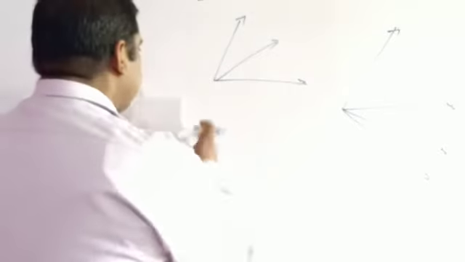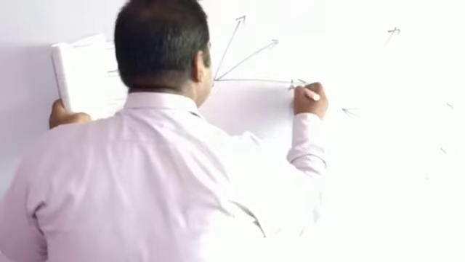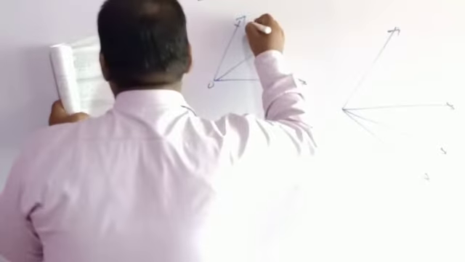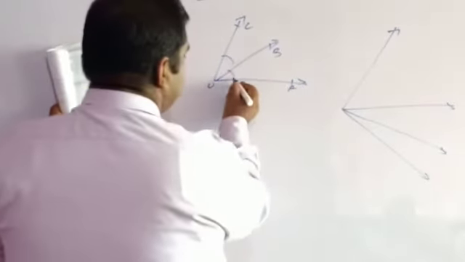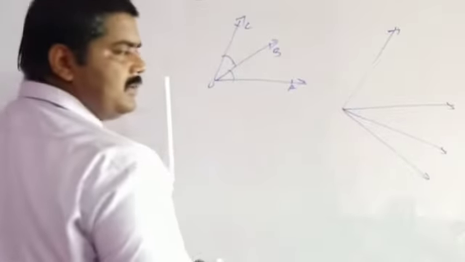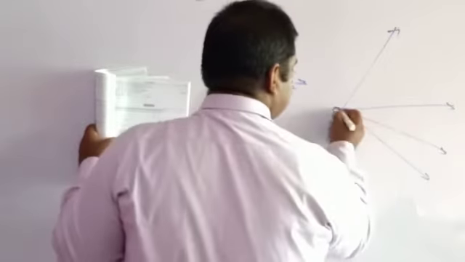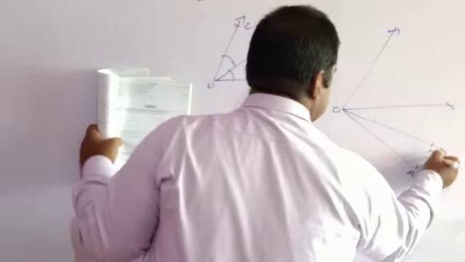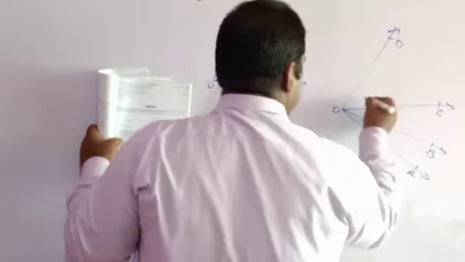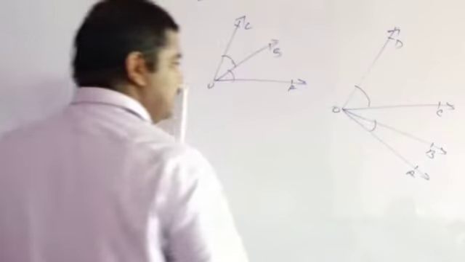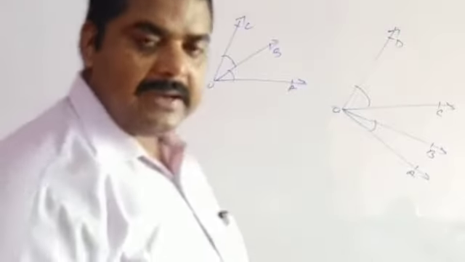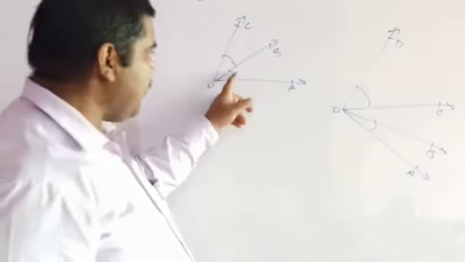Two different figures have been given and named with O, A, B and C. You have to check whether these two pairs of angles are adjacent or not.